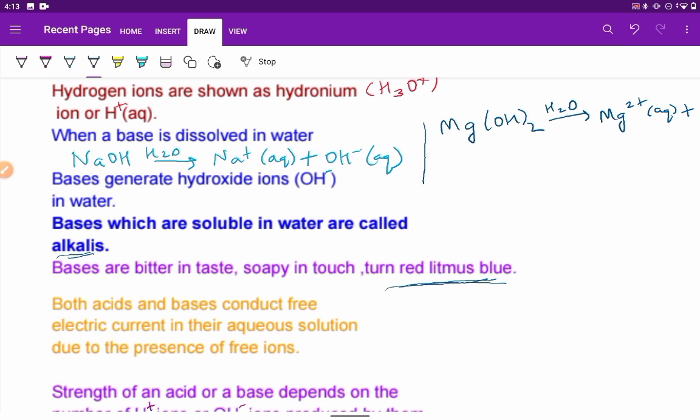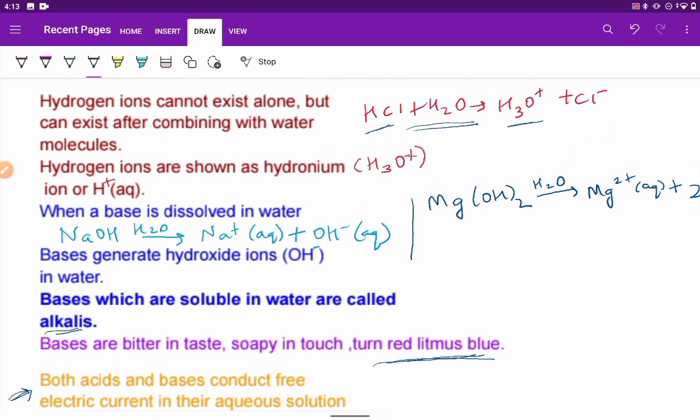Also, a very important property is that both the acids and bases can conduct electric current in their aqueous solution, due to the presence of free ions, as we have seen. From the acid we get H plus, which exists as H3O plus hydronium ion, and an anion also, like in case of HCl, chloride anion Cl minus is produced.